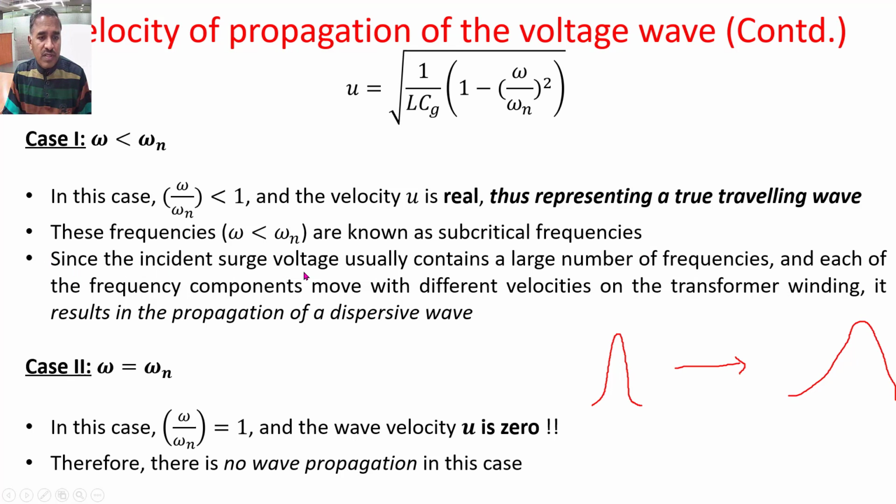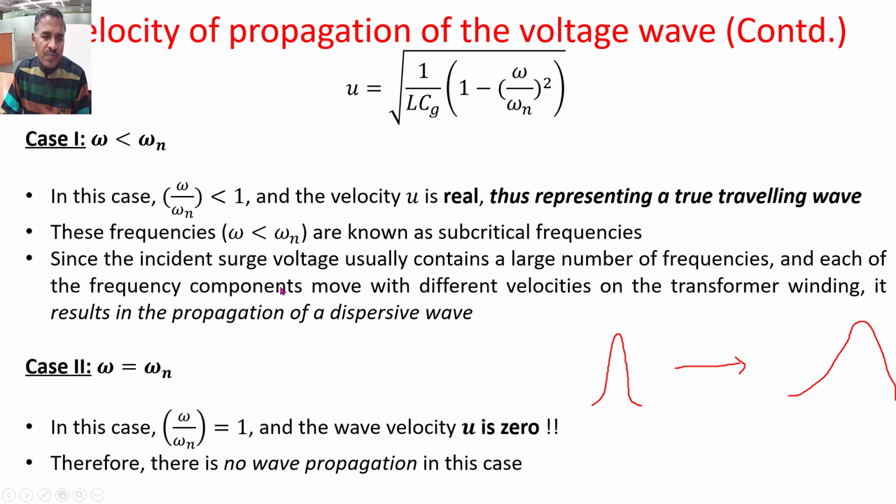Since the incident surge voltage usually contains a large number of frequencies, like this pulse I have given here, and a standard impulse has a fast rising voltage and then a slow decay, such voltages contain different frequencies.